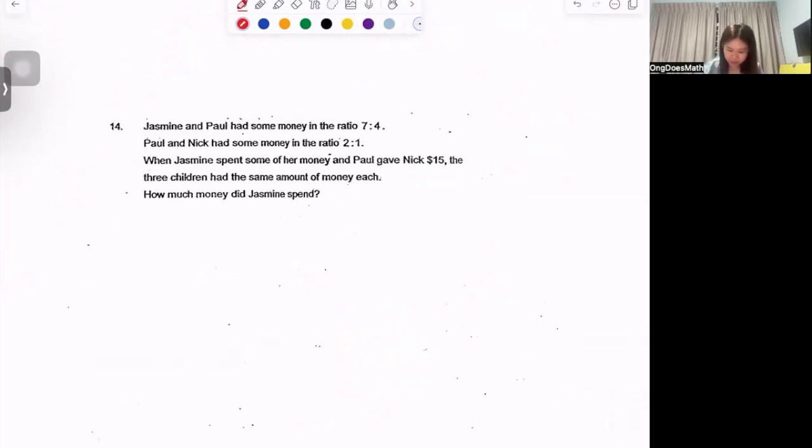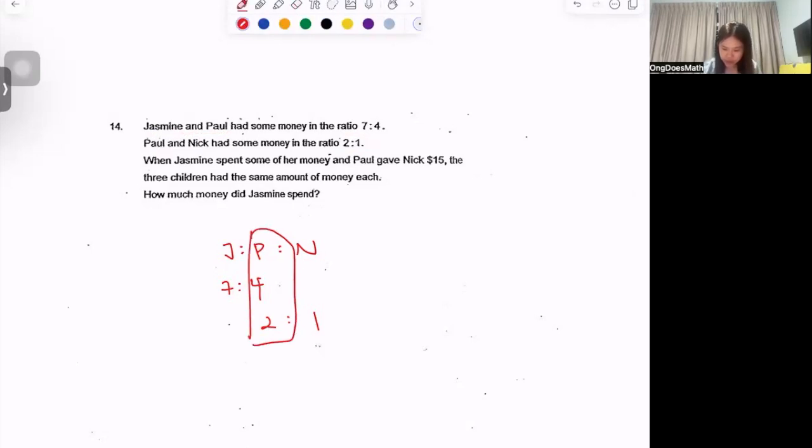So we got some ratio, but we also got three characters. Jasmine, Paul, and Nick. So Jasmine is to Paul is 7:4. Then we have Paul is to Nick, which is 2:1. So like I said earlier, Paul cannot be 4 and 2 at the same time.